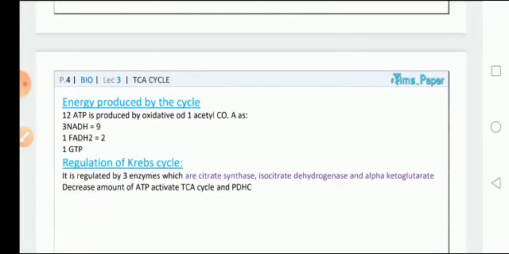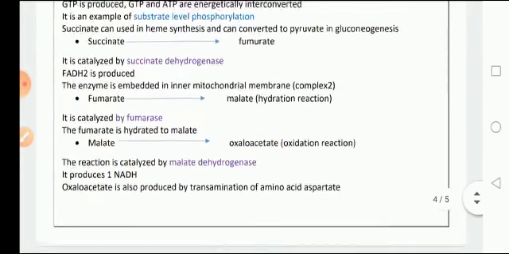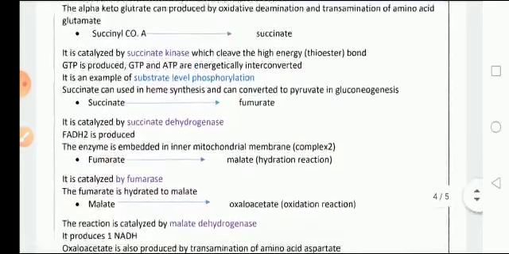Each one of them is going to give me 3 ATP. 3 multiplied by 3, 9 ATP. One FADH2 was produced by the oxidation of succinate to fumarate.